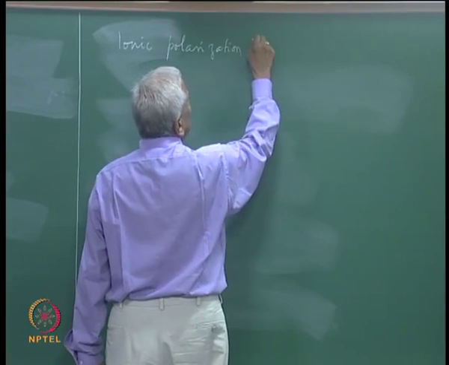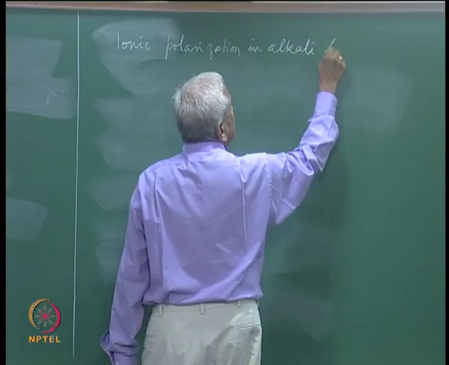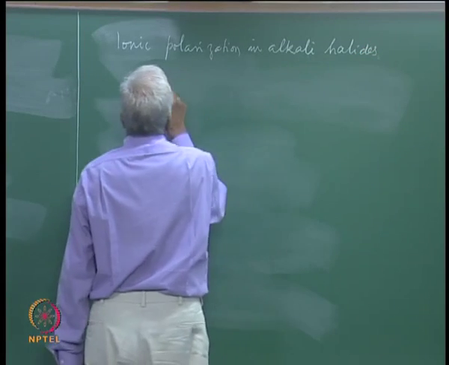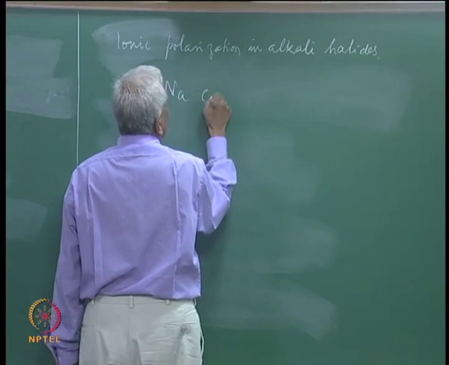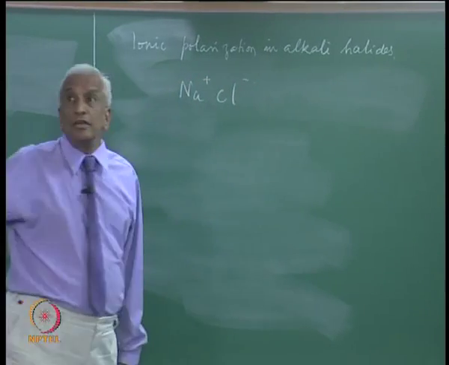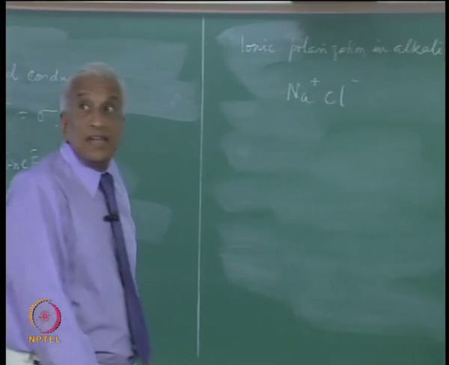In simple solids like alkali halides, for example sodium chloride, we have sodium plus and chlorine minus ions sitting alternately in a diatomic lattice.